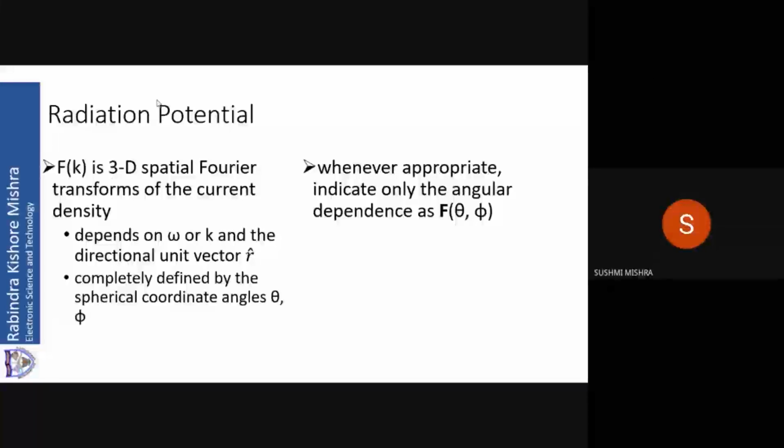Now let us write it explicitly. So F(theta, phi), the radiation vector, wherever it is appropriate, we will indicate the angular dependency as F(theta, phi). So where is this appropriate? This is appropriate in the radiation field.